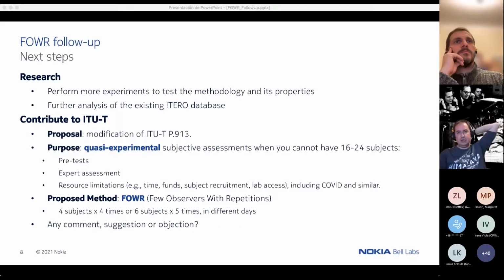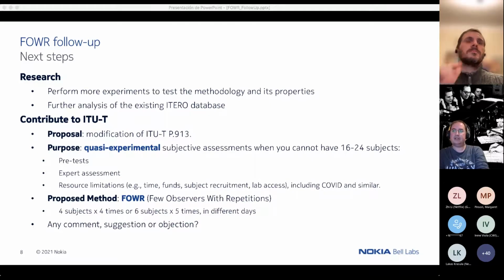So of course there's a limit on the precision that you can get in terms of the actual scores, but it's probably good enough in terms of comparing one HRC with another and seeing which one is better, which one is worse, which is normally what you intend to do with this kind of methods. I don't know if I have answered. So thank you. Yeah.